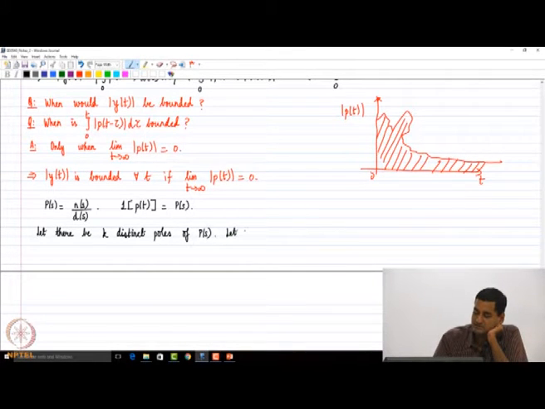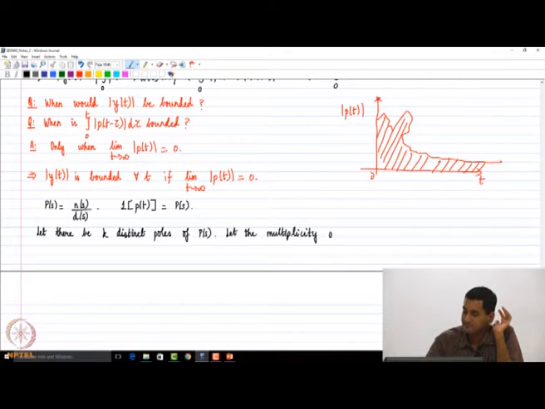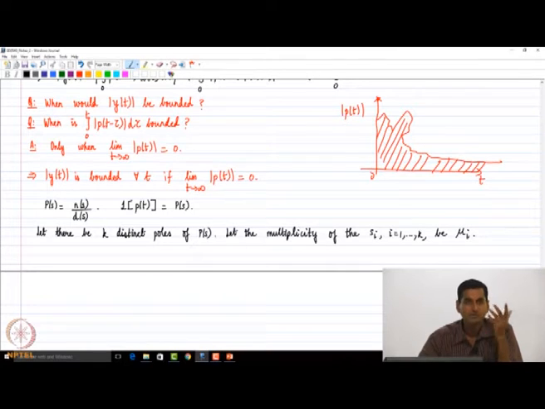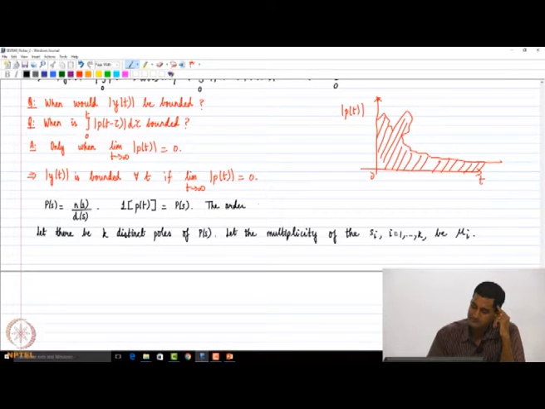Let the multiplicity of the pole s_i, with i going from 1 through k, be mu_i. The system order is n. The order of the system is anyway n, that is the general notation we are following. The order of the system is n.